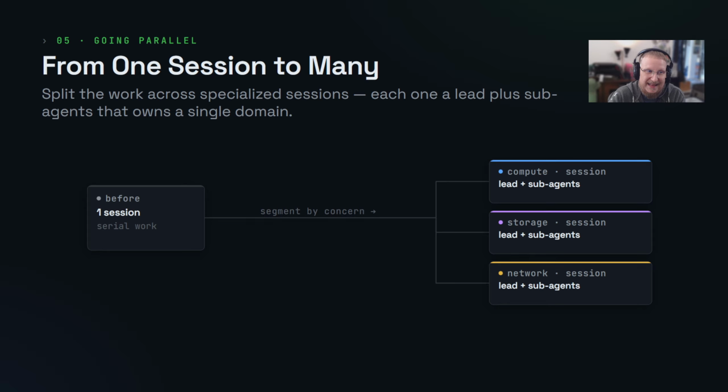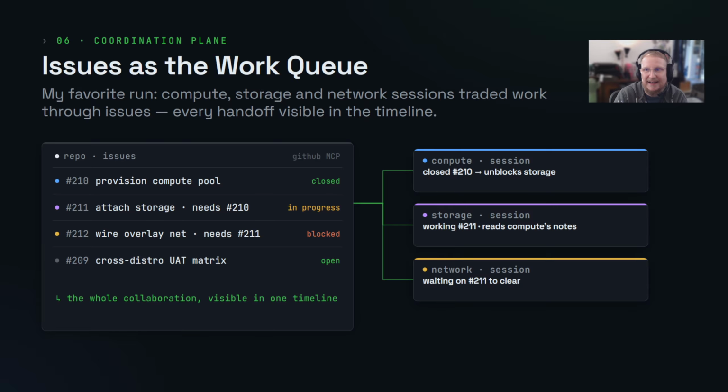And then I had a conundrum. How do I get these segments to communicate, right? I had no idea where to start, and so I just tried something. And I used the GitHub issue tracker because that's what we use, right? I know it's not optimized for agentic use, but it got the job done.